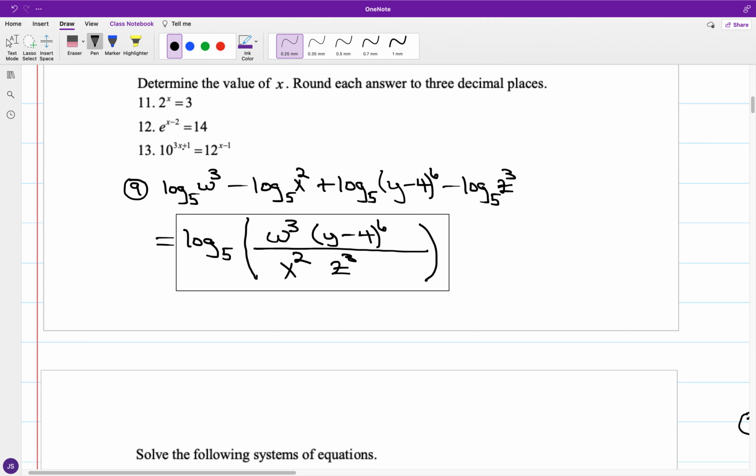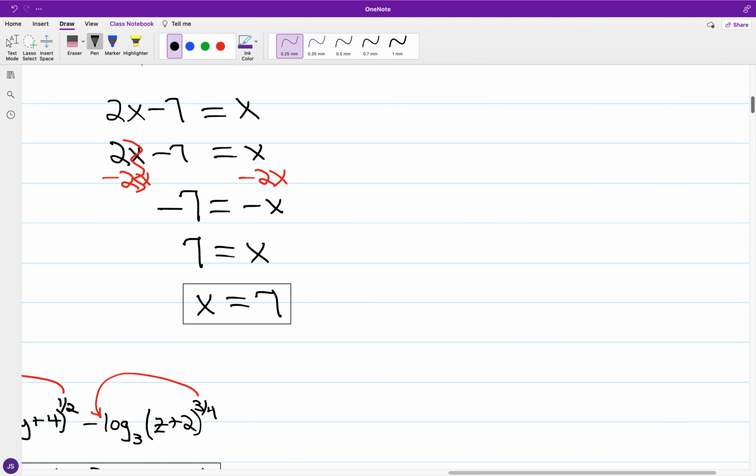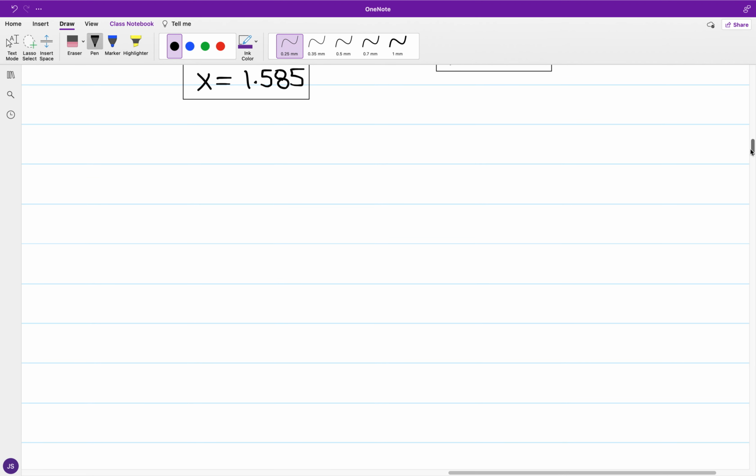We're looking at the value of x that will satisfy both sides. So we have 10 to the 3x plus 1 is equal to 12 to the x minus 1 power.